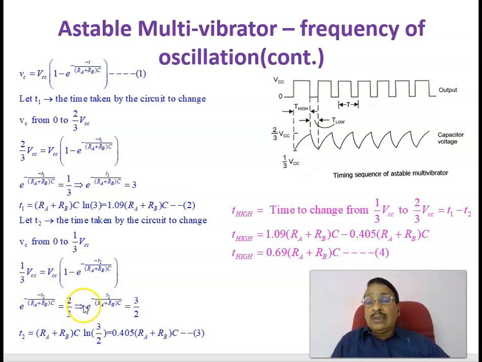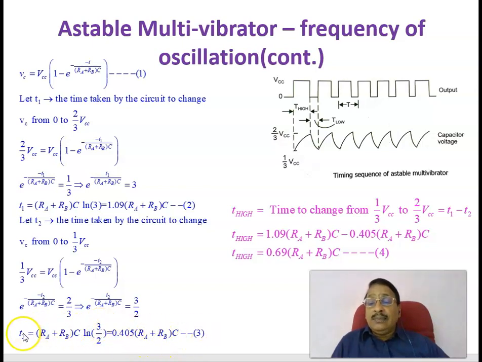Then e raised to minus T2 divided by (Ra plus Rb) into C equals 2/3, or e to the power of T2 divided by (Ra plus Rb) into C is equal to 3/2. Then T2 is equal to (Ra plus Rb) into C into natural logarithm of 3/2, which is 0.405 (Ra plus Rb) into C.